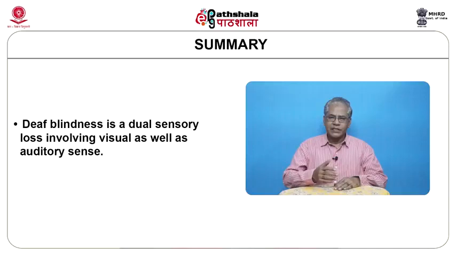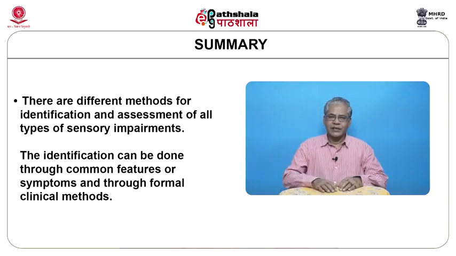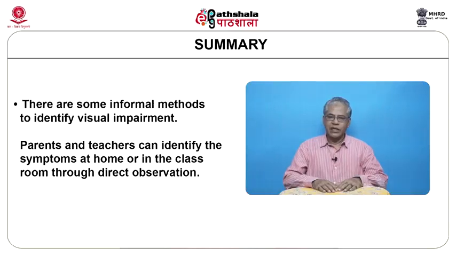Deaf blindness is a dual sensory loss involving visual as well as auditory sense. There are different methods for identification and assessment of all types of sensory impairments. The identification can be done through common features or symptoms and through formal clinical methods.